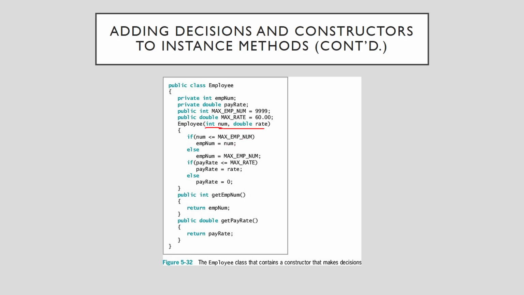So the value of num will be assigned to the instance variable emp num. Otherwise, the variable emp num will receive the value of the maximum emp number, which is 9999.